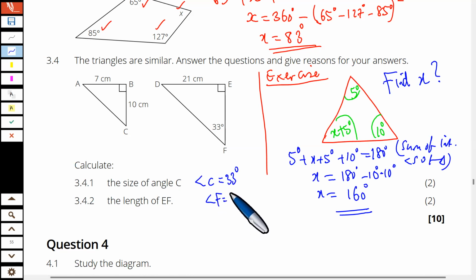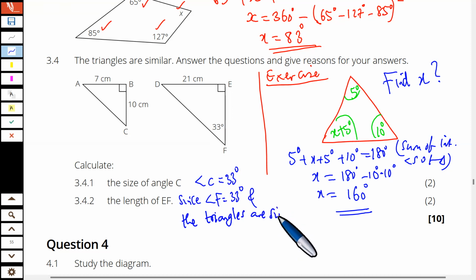This is true since angle F is 33 degrees and the triangles are similar. The triangles are similar.